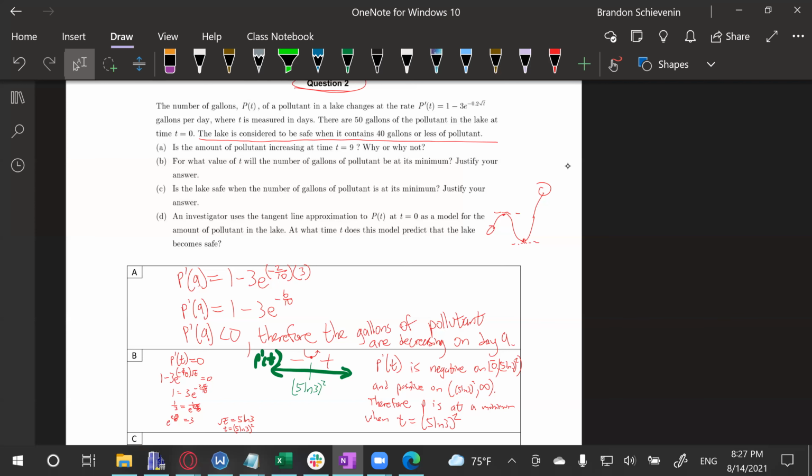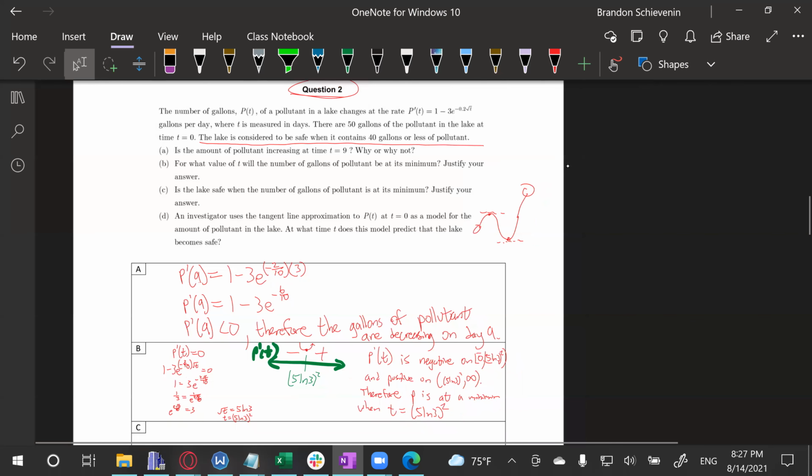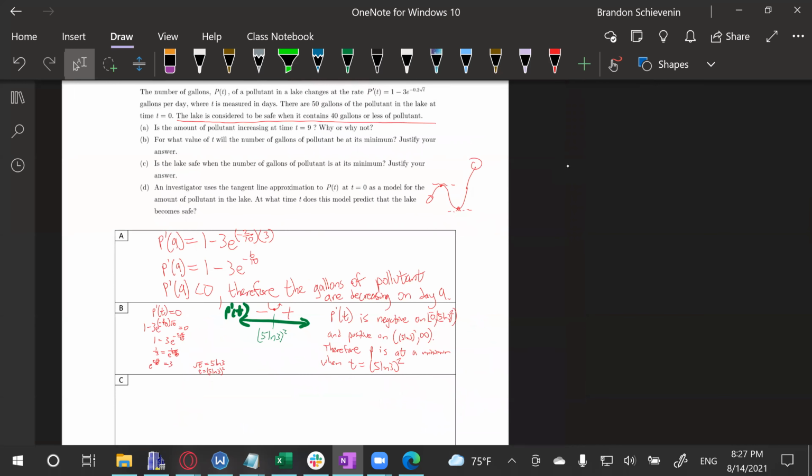Going over to Jade. Jade, I want to set up an equation for P of T. What should our equation be? Integrate P prime T. Okay, I'm going to integrate P prime T. From what point to what point?